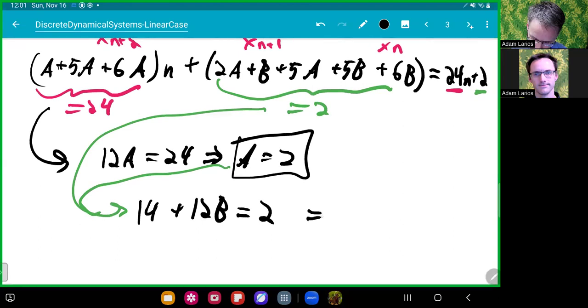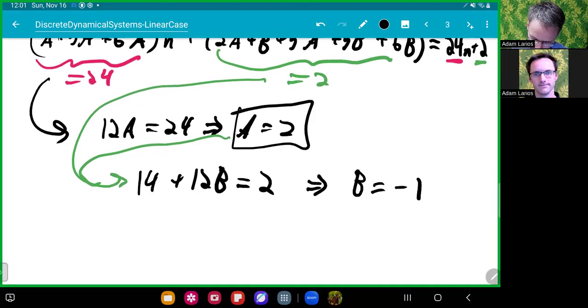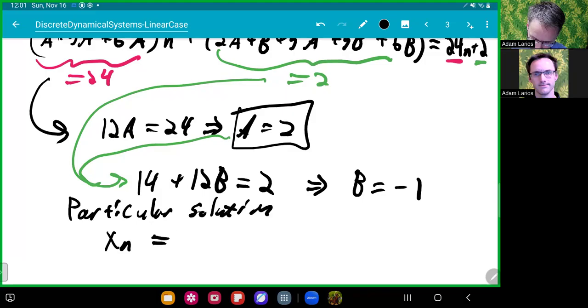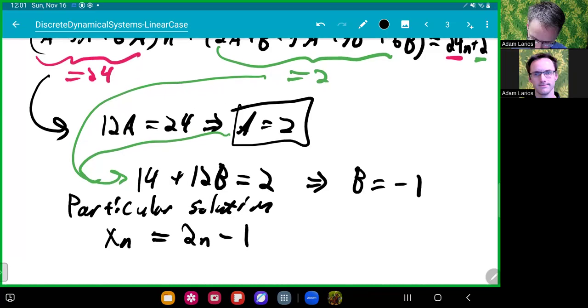Solving here, subtract the 14, we get -12, so b is equal to -1. So that tells us that our particular solution, x_n, which was an + b, is just 2n - 1.